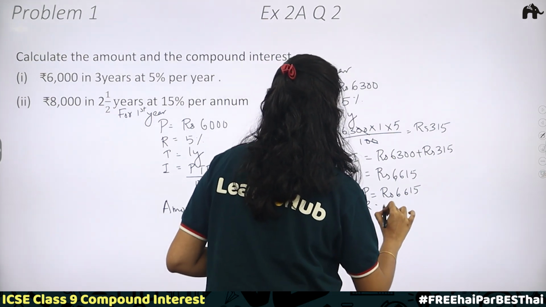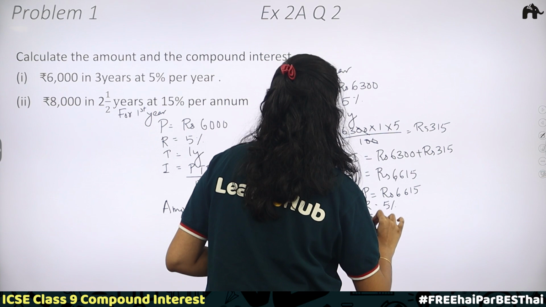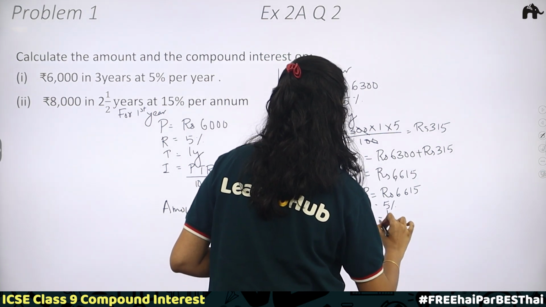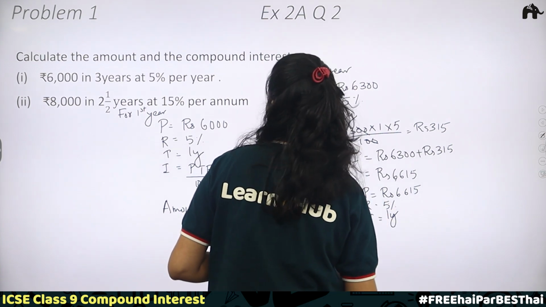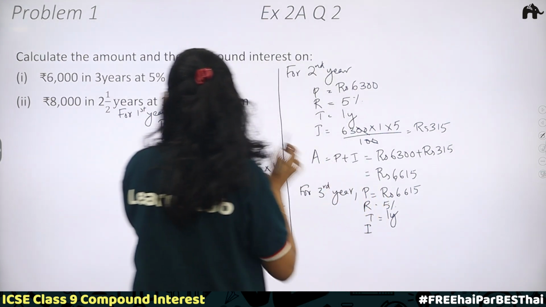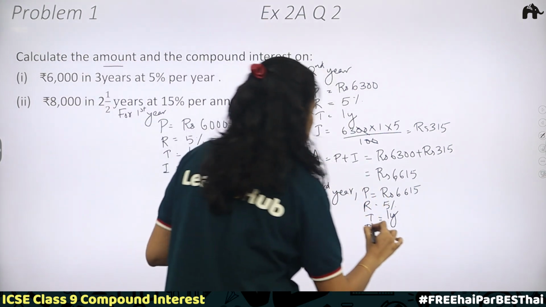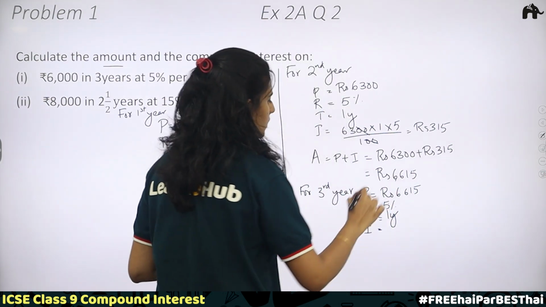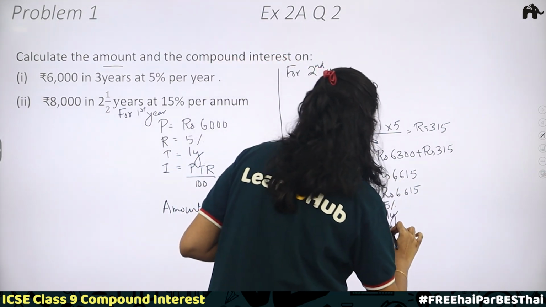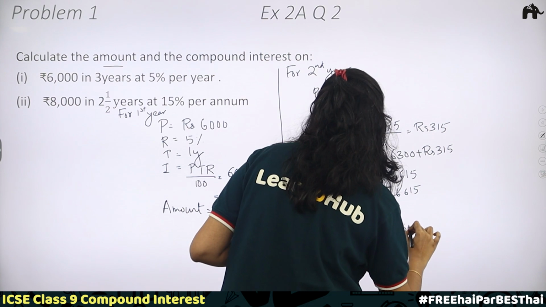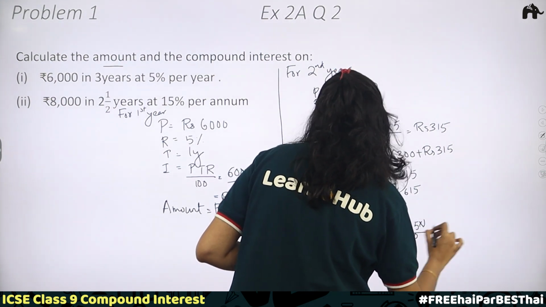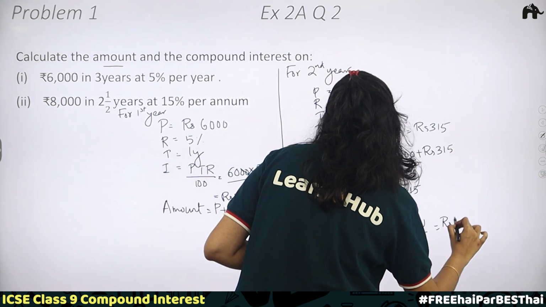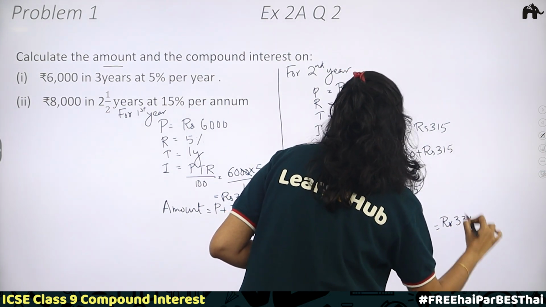Rate of interest is again 5%. Time is equal to 1 year. Then the interest will be equal to PTR divided by 100, 6,615 into 5 into 1 divided by 100. When you calculate, you will be getting rupees 330.75.